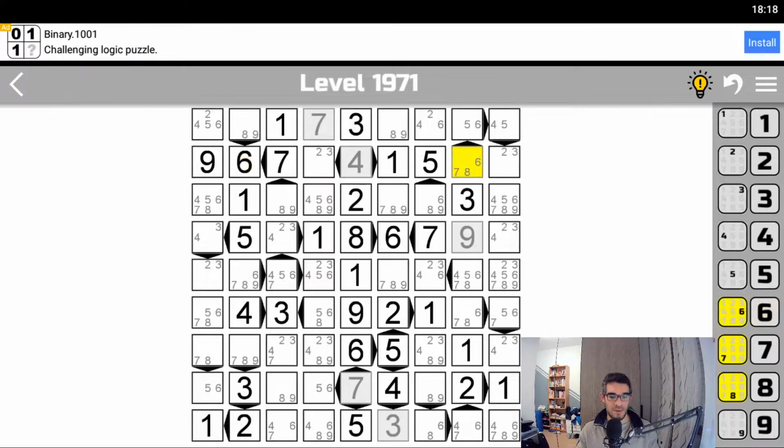Okay, so maybe now I have something here. If this can be an 8, that means that this can be a 7. And then that's it. Then some other things from the 6 and 7 is 8 that I placed. This can be an 8 as well. 7, this can be a 7, this can be a 7, this can be a 6. 2, 3, 4.